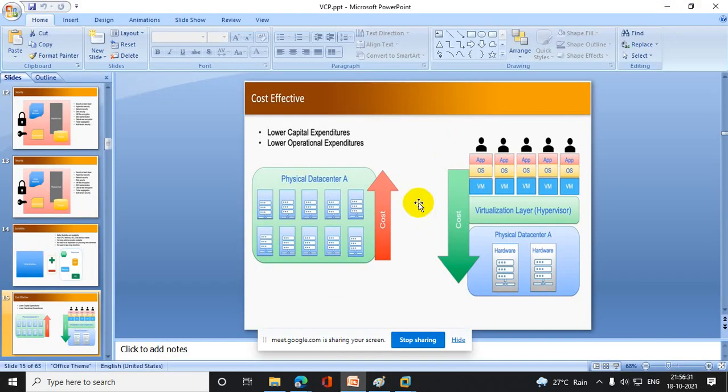So the cost-effective part is very important, because VMware looks at that area and tells companies, okay, I am giving you these options. Now the company thinks, oh my god, if we do not purchase that product, we have to buy that many servers, that kind of physical servers, that kind of network packet, that kind of network switches.